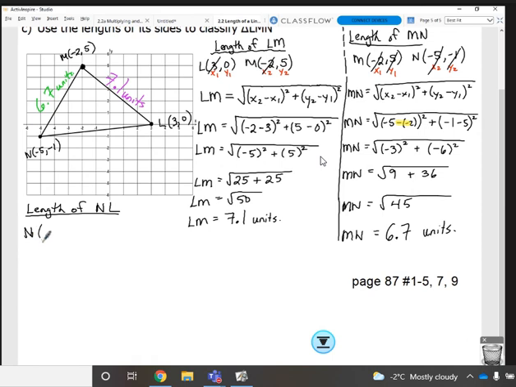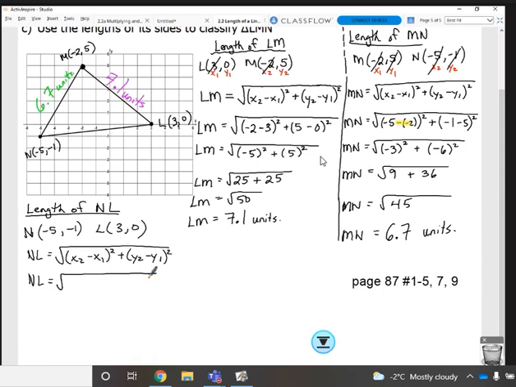The coordinate for N is negative 5, negative 1, and L is 3, 0. Here comes the formula. x2 minus x1 squared plus y2 minus y1 squared. x1, y1, x2, y2.